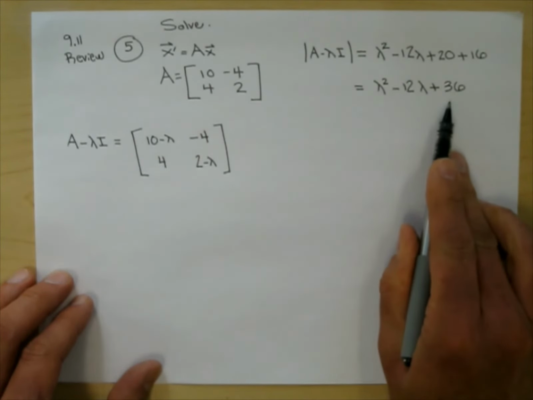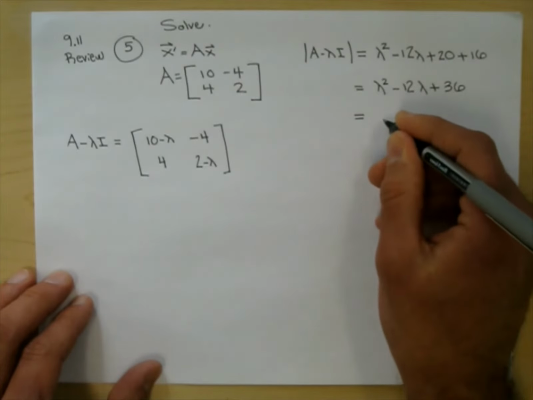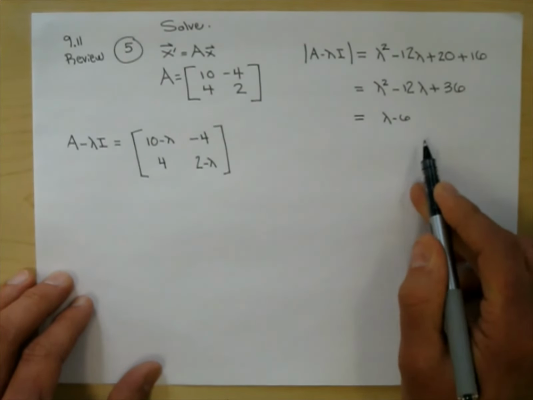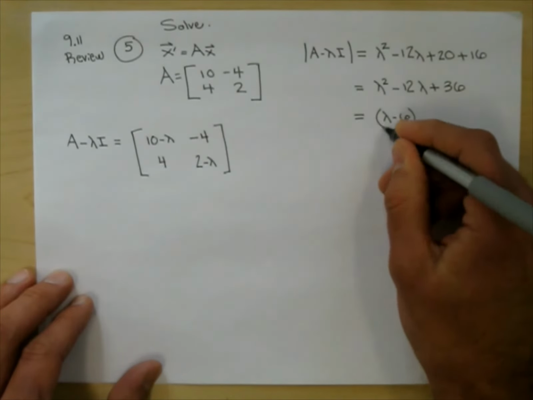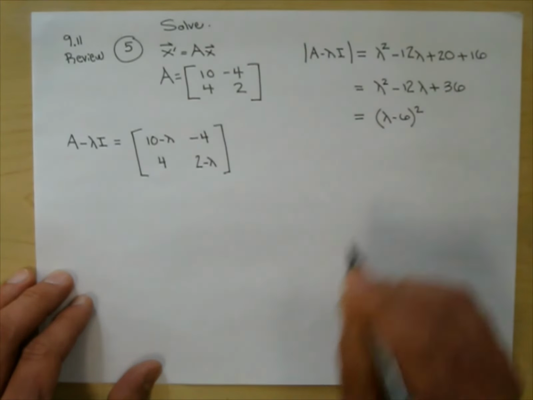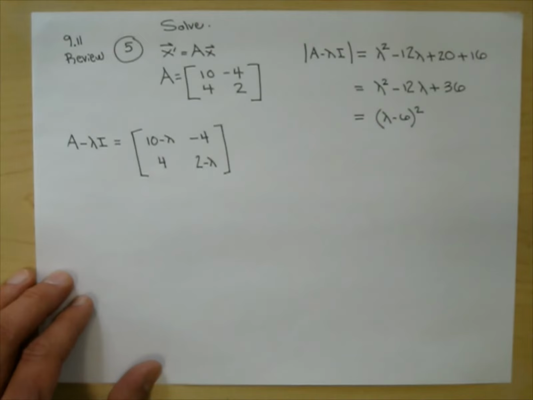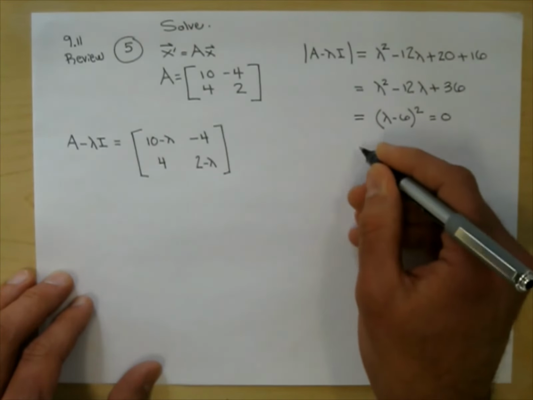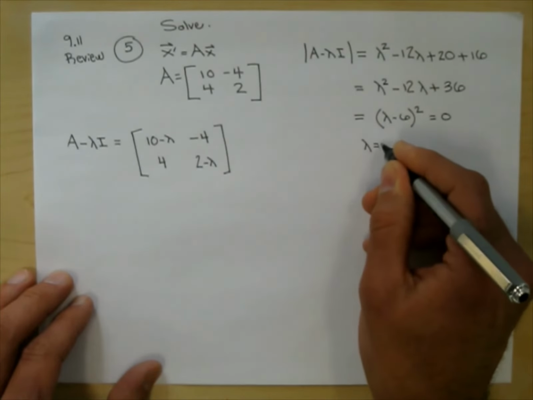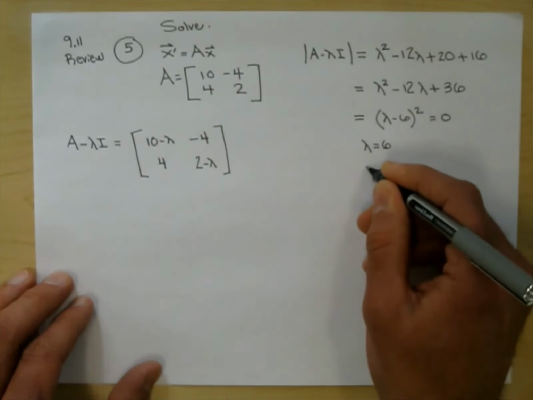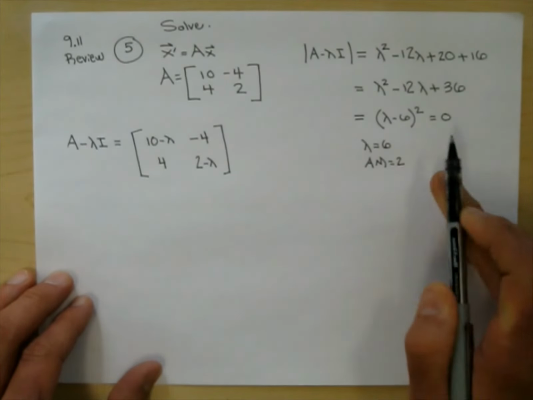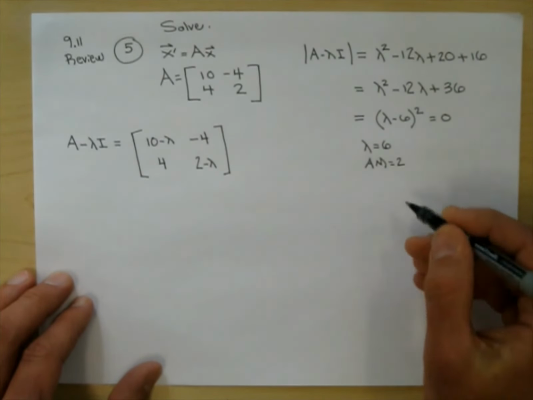And I factor this into lambda minus 6 times lambda minus 6. So this is lambda minus 6 squared. I set this equal to 0, and I end up getting a lambda value of 6. It gives me algebraic multiplicity 2, because we have that 2 right there.